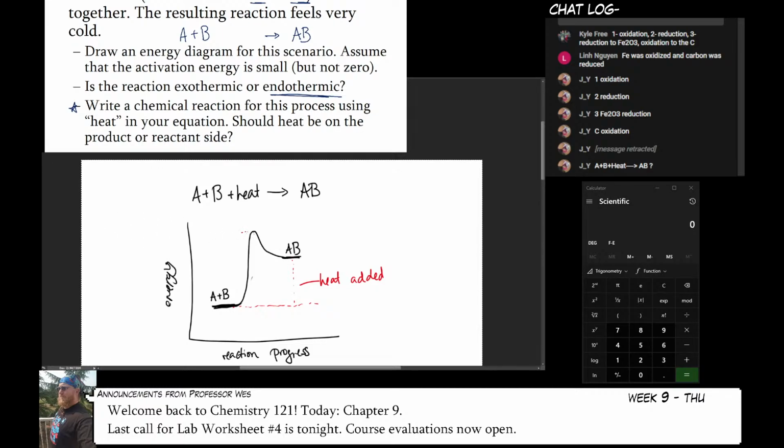Now, the energy that you have to put in to get the reaction to occur is still relative to the reactants. So this would be the activation energy. And again, because the heat was added, this is endothermic.